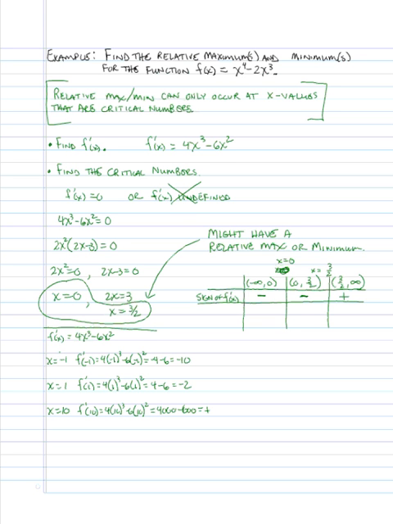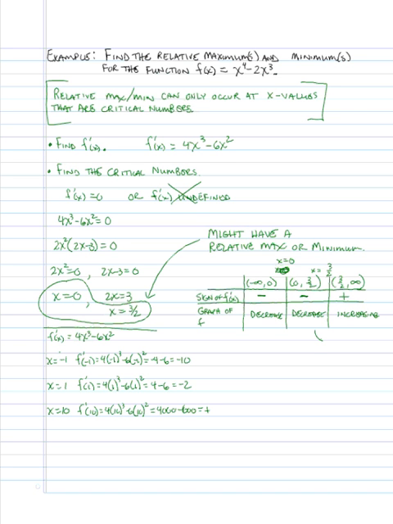Now, let's just kind of boil things down here. The graph of f, we know, is decreasing in this interval, and it's decreasing in this interval. But it's increasing in this interval. And it's this change in sign from negative to positive that we're worried about.